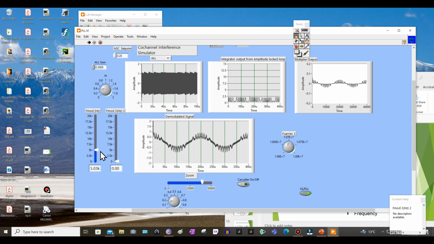I think the only other thing in this level, before we go into multipath, is to show how, when you offset the second carrier, you see how the spikes become asymmetric. Again, that was known as well.